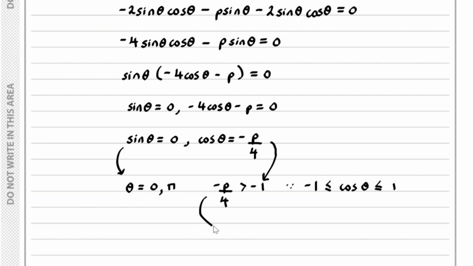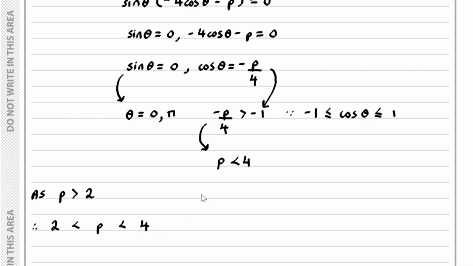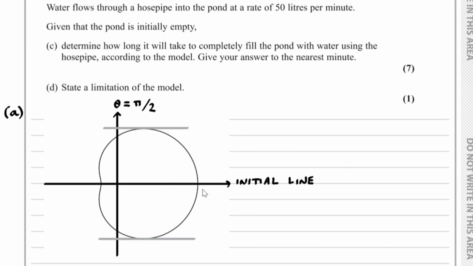And if we attempt to tidy this up even more, you will find p to be less than 4. And so, because we know p is also greater than 2, we've got 2 less than p less than 4 for the range of values of p.